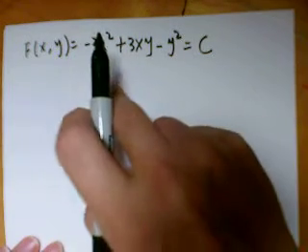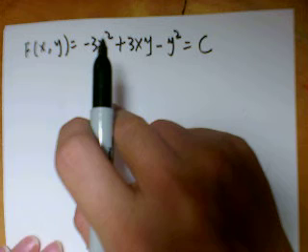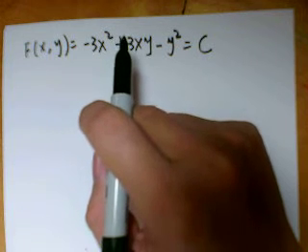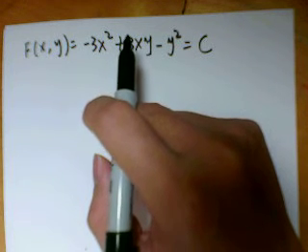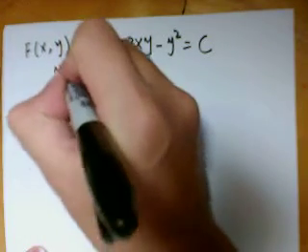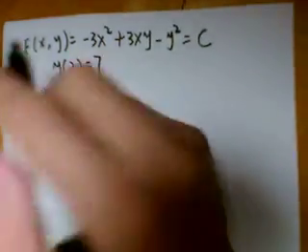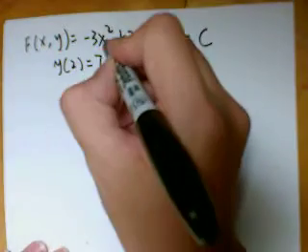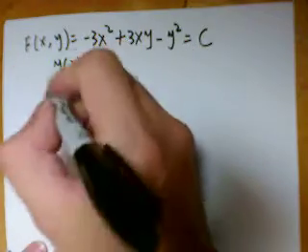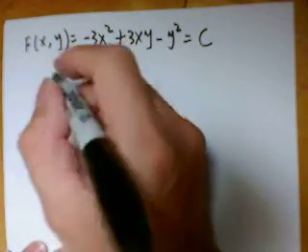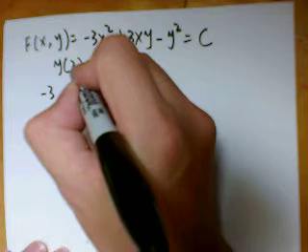Now we're gonna plug in the initial condition to obtain the c. Right? We know when x equals 2, y equals 7. So we plug in x equals 2.